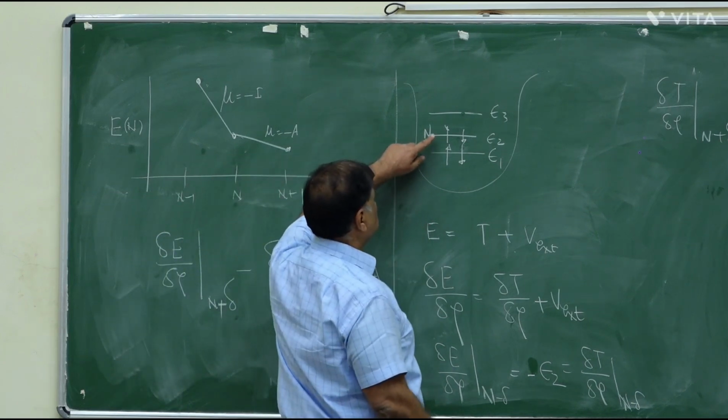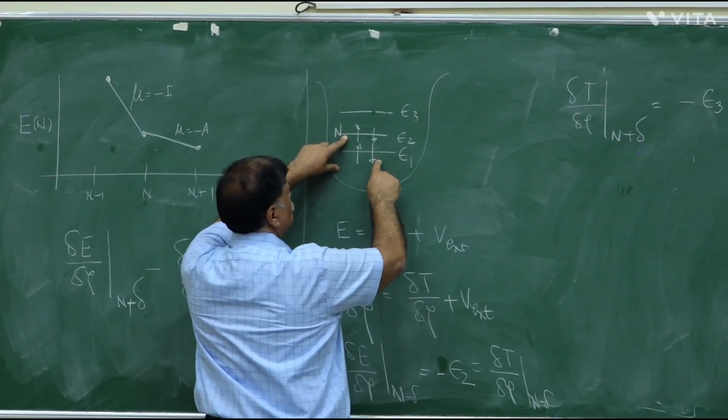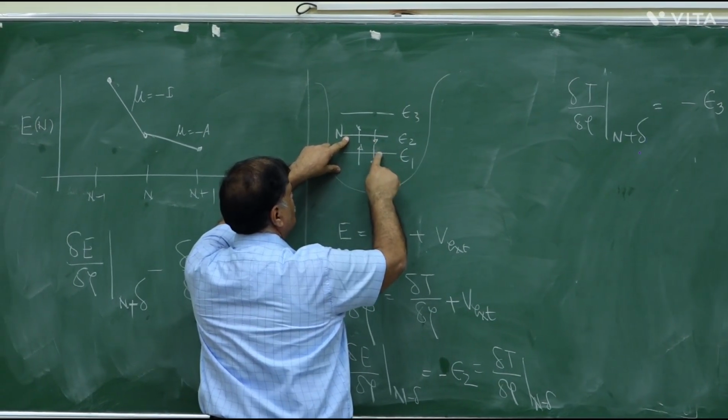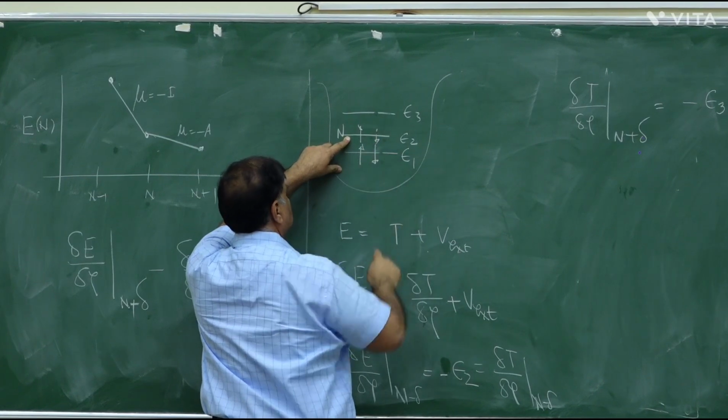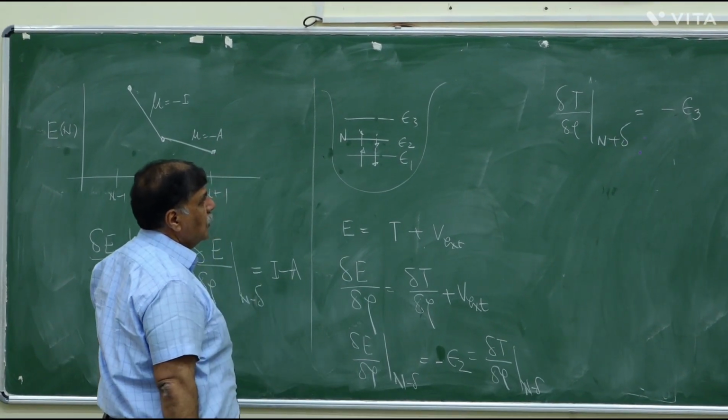Removal energy will be how much? Plus or minus? Energy is epsilon 2, and then you remove the minus epsilon, this minus this. Okay?